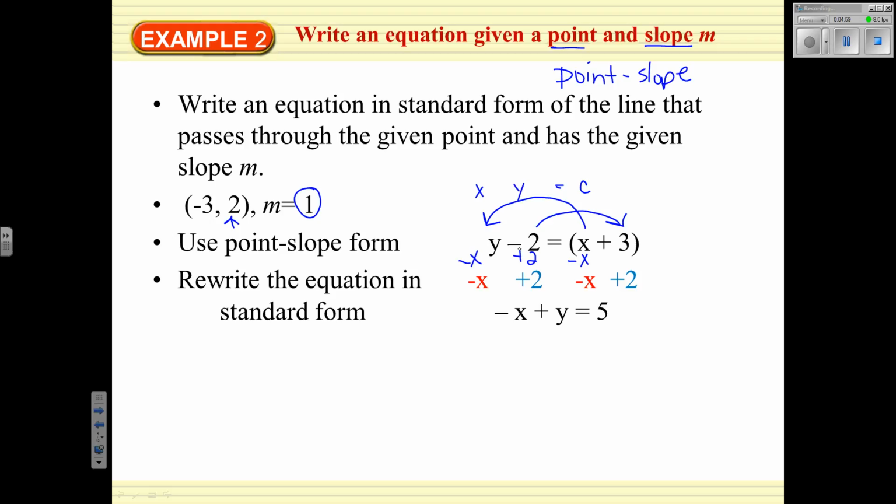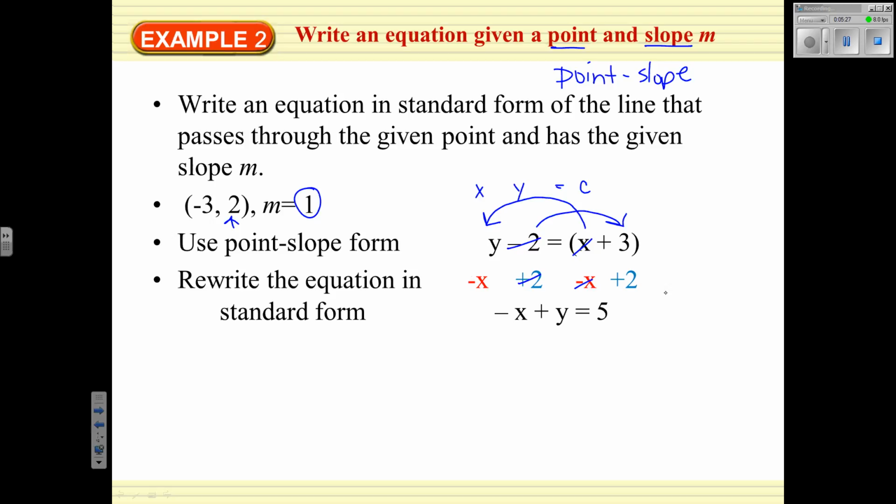Then we add 2, which is what they're doing right here. That's why they've done that, because we want the x and y on the same side, and the constants on the other side. So these cancel out, and it leaves us with negative x plus y. These cancel out, and 3 plus 2 is 5. So there is our equation in standard form. They did it in 1 step.